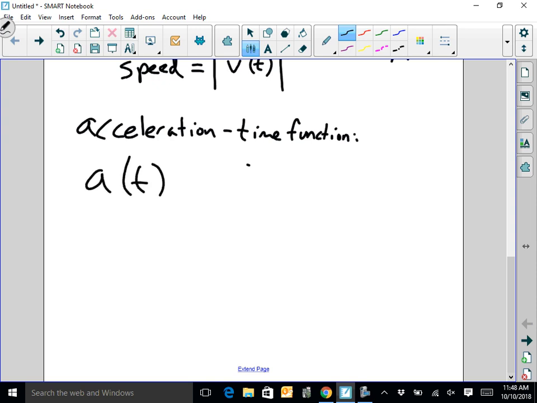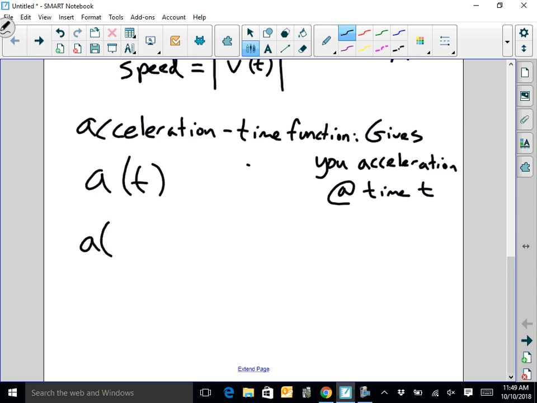So this gives you the acceleration at time t. So if I said A of 0 equals 5, that means at time 0, the acceleration is 5.